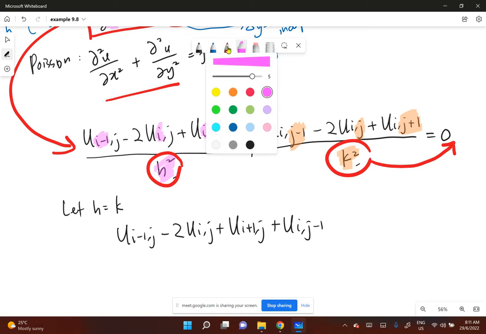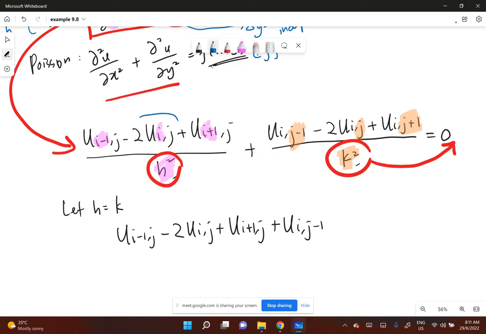Here is negative 2 u i j, and here negative 2 u i j, so it becomes negative 4 u i j. Then continue plus u i j plus 1 equal to 0. This is because the Laplace is equal to 0.